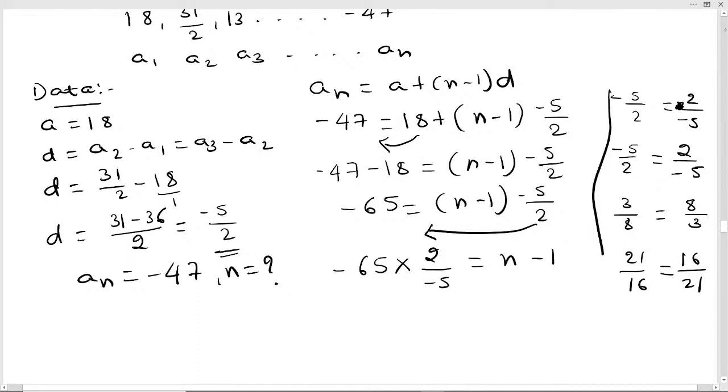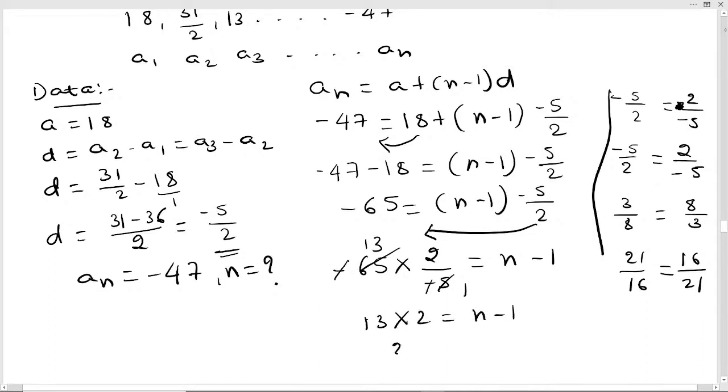Now minus minus get cancelled. Make a cross multiple: 5 1s are 5, remaining is 1; 13 5s are 65, 5 3s are 15. Whatever remains is 13 into 2 equals n - 1.